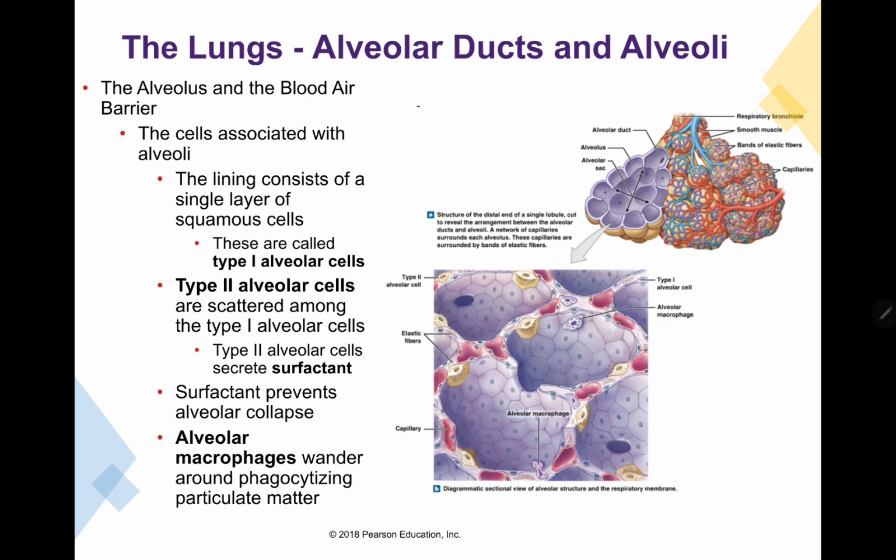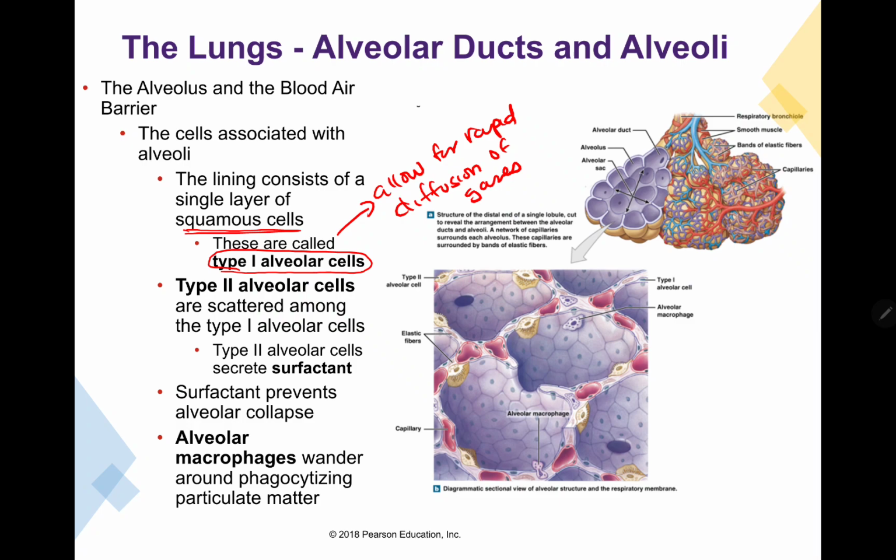So when we're looking at the alveolar, where the actual gas exchange happens, we're going to have two types of cells. The lining, which is going to consist of a single layer of squamous cells. These are going to be called type 1 alveolar cells, and they allow for the rapid diffusion of gases through this squamous cell.